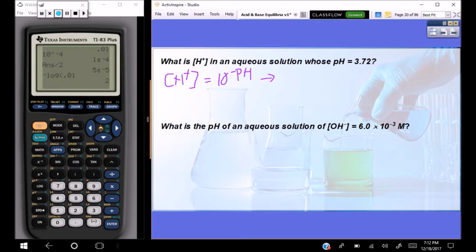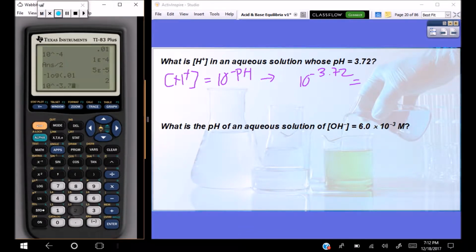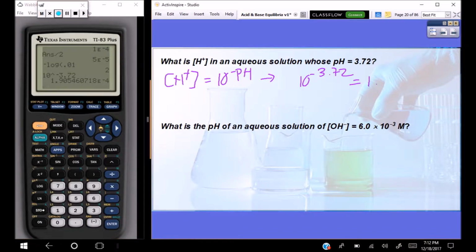Let's plug it in, and you've got 10 to the negative 3.72. We get 1.9 times 10 to the negative 4th molar. Make sure you put your units on that because it is a concentration, okay?